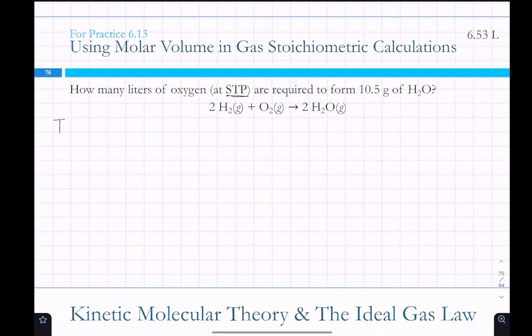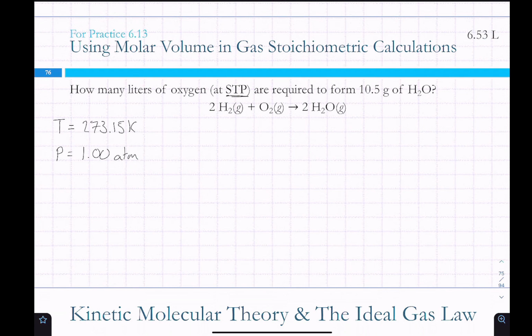So it means our temperature and our pressure are known. And what is standard temperature? 273.15 Kelvin. And the standard pressure? 1 atmosphere. I believe we can treat that 1 atmosphere as exact. It's being defined as 1 atmosphere.